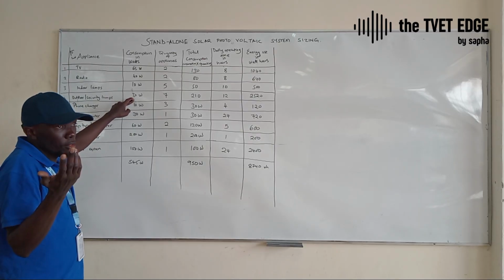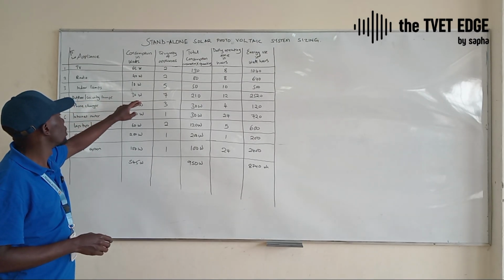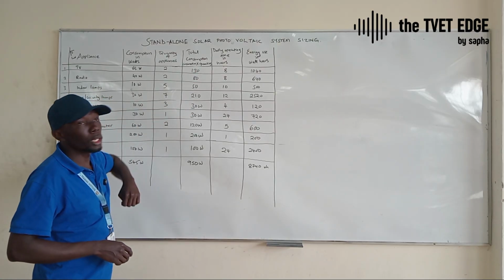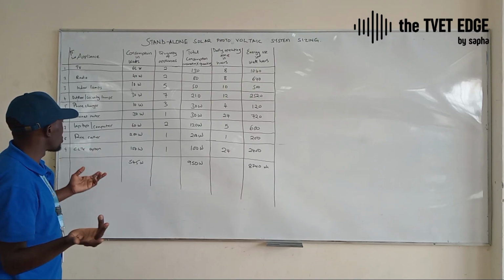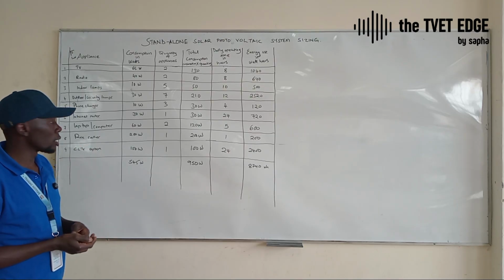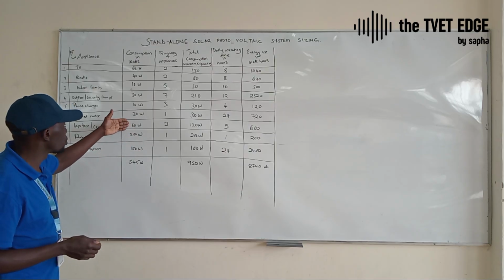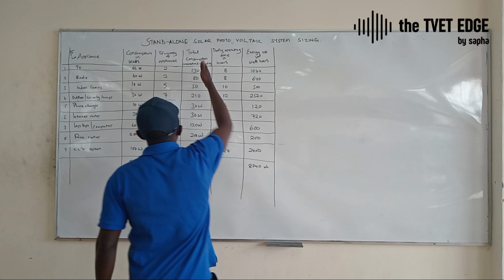You can use 5, or you can go around the house and determine how many they have. You multiply, you get the total consumption in watts. For example, that house might have a laptop and a computer, or 2 laptops. So you multiply the consumption of each laptop by 2. You get your total consumption.